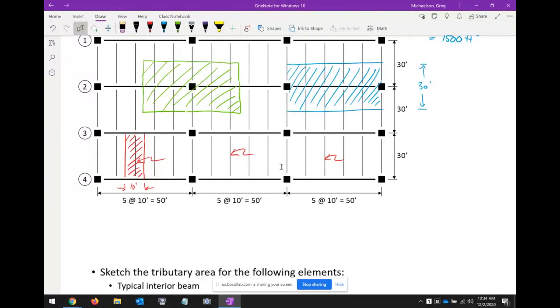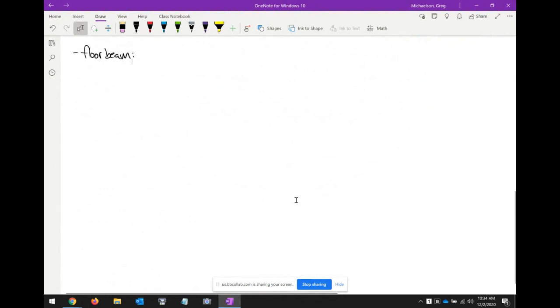I just want to make sure everybody's paying attention. I know I already said it. 30 feet. There you go. So we know that the tributary width is 10 feet, and we know that the length is 30 feet.